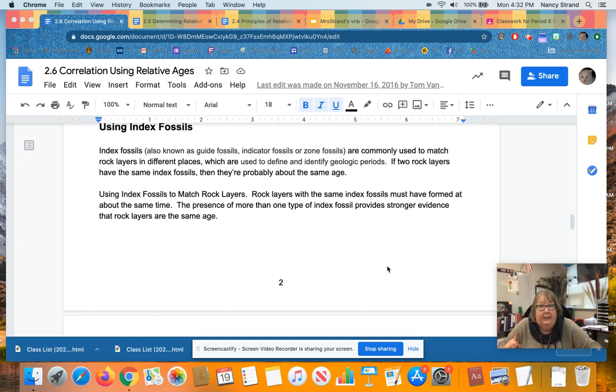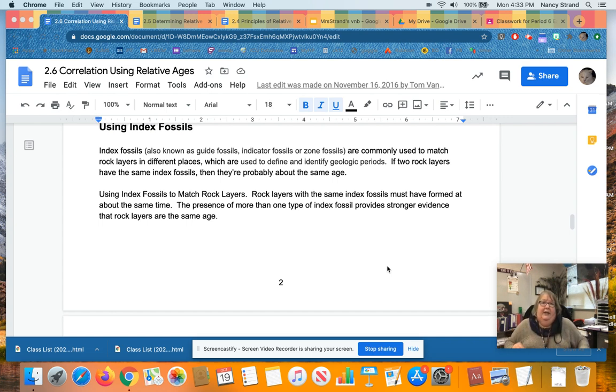Now, remember that because that's going to be very important later on when we talk about this guy named Wegener, which are used to define and identify geologic periods. If two rock layers have the same index fossils, look back in your notes, what is an index fossil? Then they're probably about the same age.